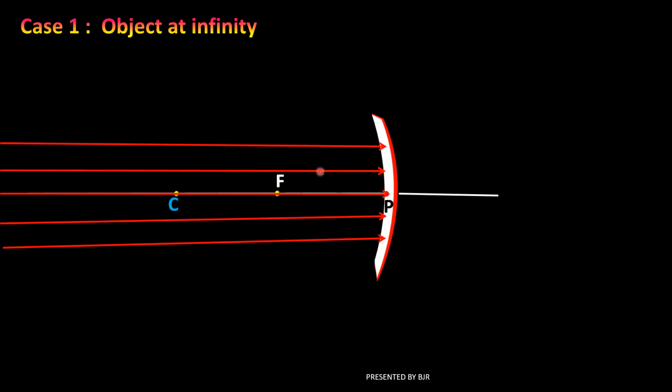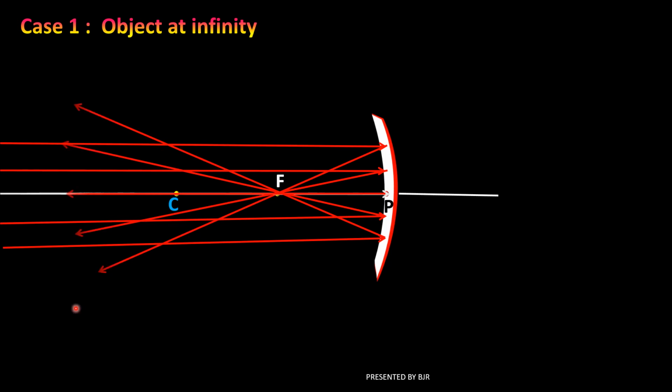So once these parallel rays fall on the concave mirror, they will get reflected at the respective points and the reflected rays will pass through the focal point like this. You see here. These are the reflected rays. All these reflected rays are passing through the focal point.